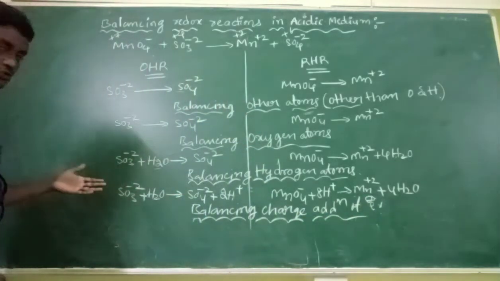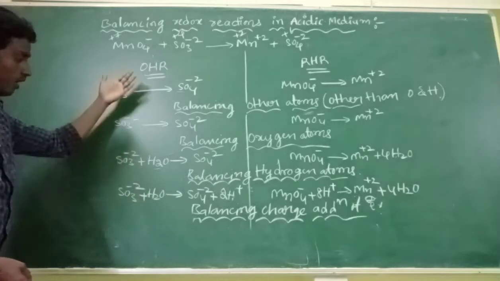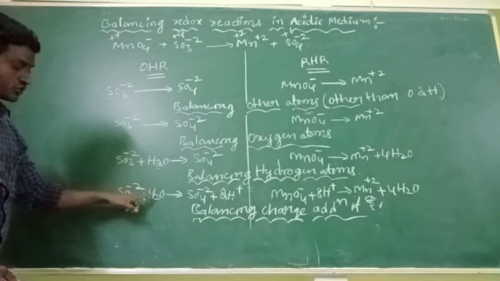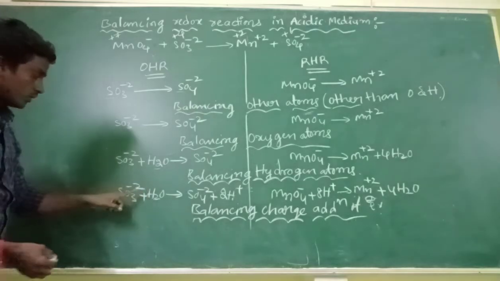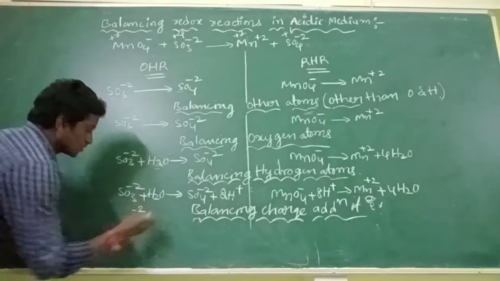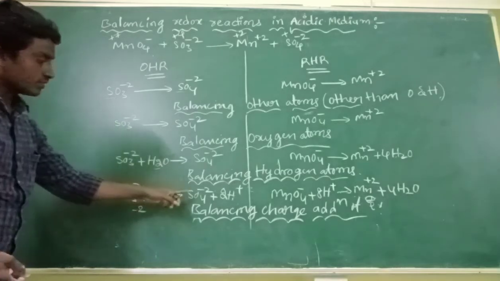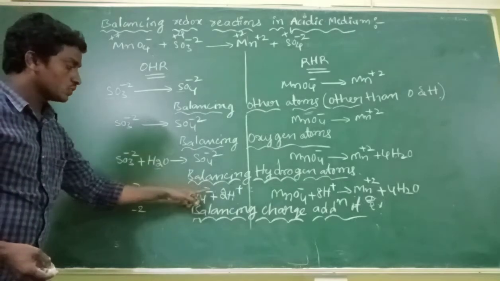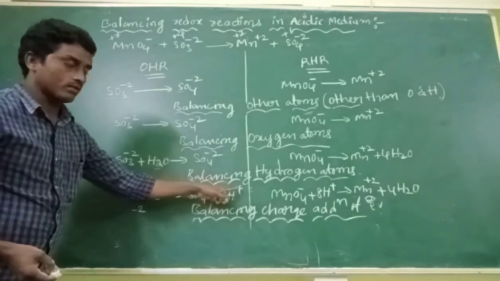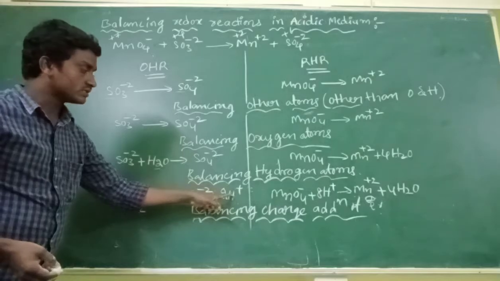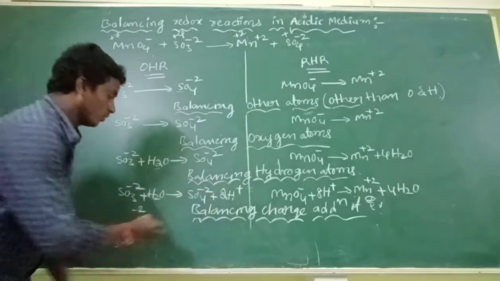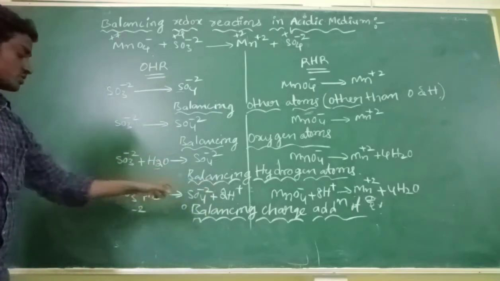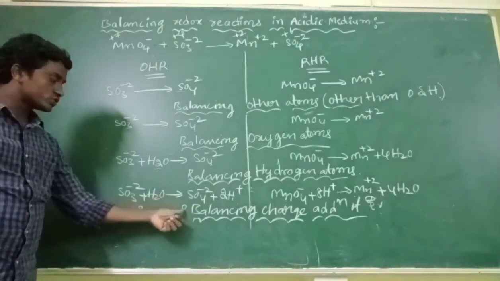So observe the charges of the ions in the oxidation reaction. Here SO3 has minus 2, H2O has 0 charge. So on the left side minus 2 charge is present. On the right side of the oxidation reaction, SO4 has minus 2, and each hydrogen has plus 1, so 2 hydrogens have plus 2 charge. Minus 2 plus 2 means the total net charge of the right side is 0.